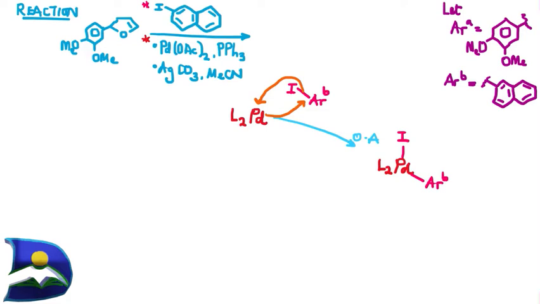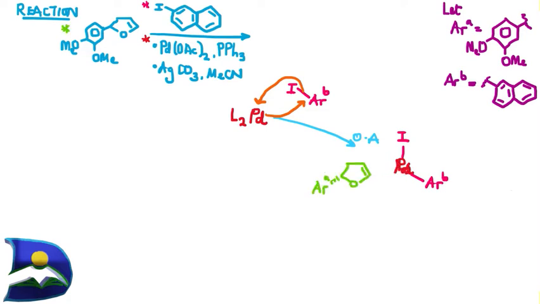So the next step now involves our product A, which is the enol ether, and this enol ether has a double bond in there, which is the pi bond that will attract to palladium.